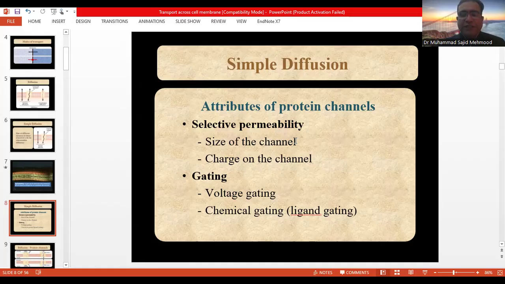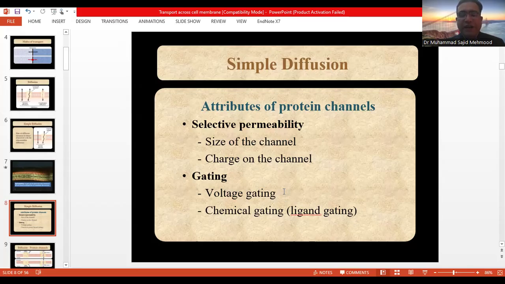Similarly, if the inside of the channel is negatively charged, then negatively charged particles will be repelled and cannot pass through that pore or protein channel. Moreover, there is also gating of the protein channels. This gating can be voltage gating as well as chemical gating.